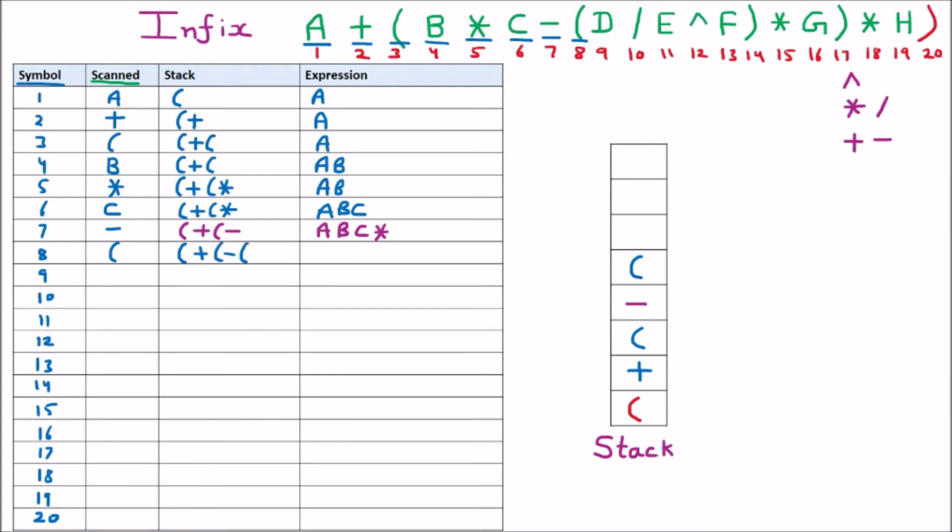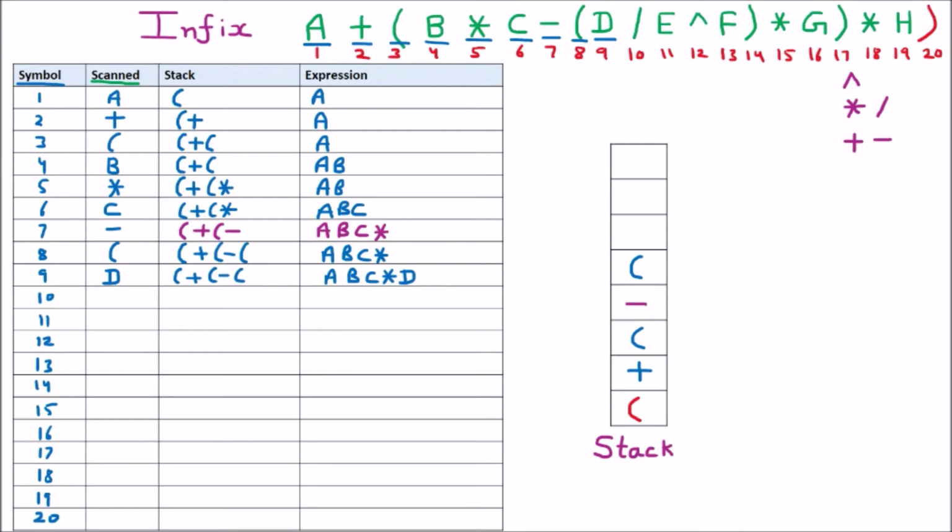Then the next symbol 9 is D. D is an operand. An operand will be put directly onto the expression. The above expression was A, B, C and star, which stays as it is, and after that we put D. So A, B, C star, D is placed afterward, and the stack entries are the same: bracket plus bracket minus bracket.